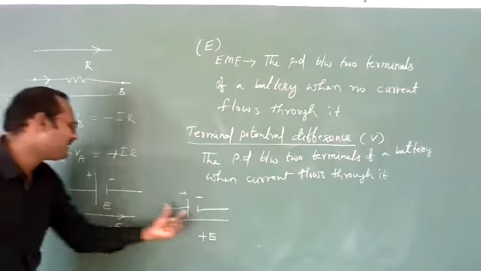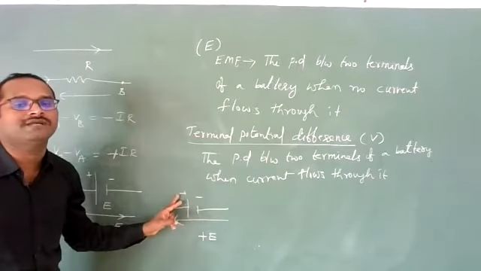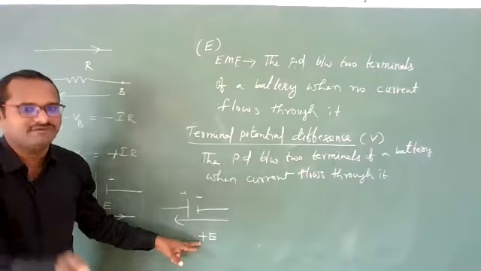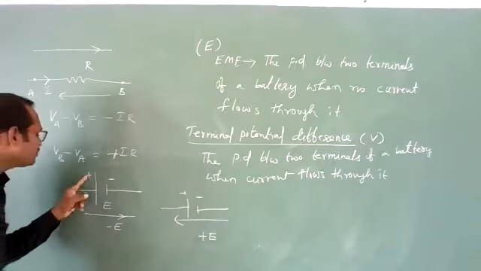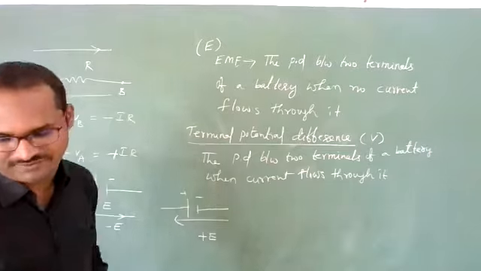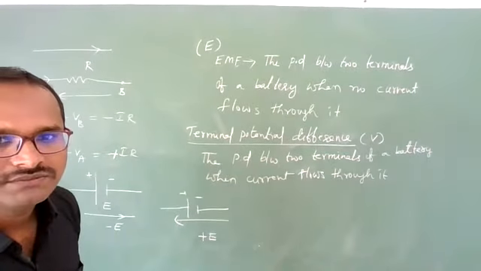Similarly, across the battery, if you are moving from negative terminal to positive terminal, EMF gain, energy gain, voltage gain will be there. If you move from positive to negative, voltage drop, EMF drop will be there. These 4 points you must remember.